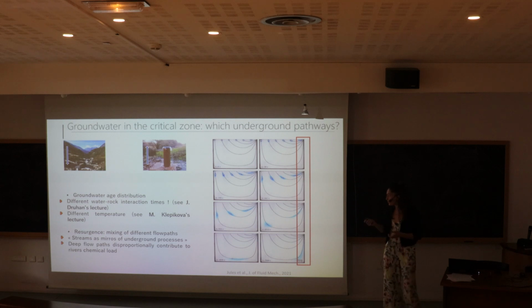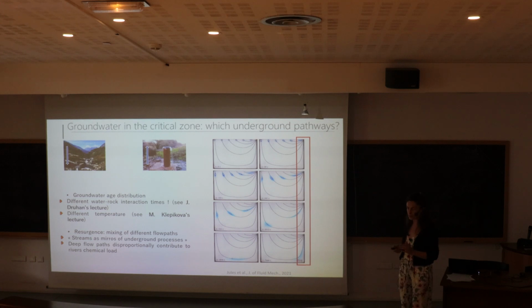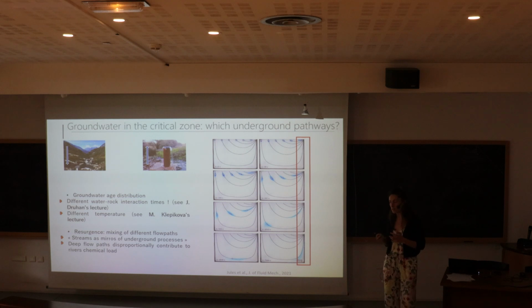Yes. So it's true that here everything is homogeneous, which is one limitation of this kind of study, which comes to, well, how good is it to look at this medium as an effective medium where everything is homogeneous. And I would say that it depends what we look at.